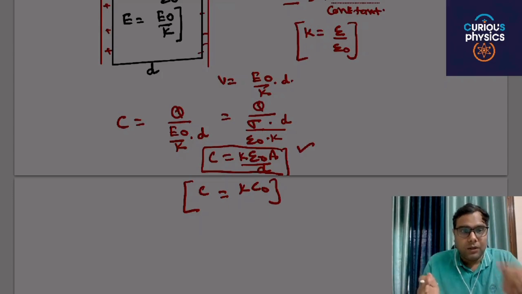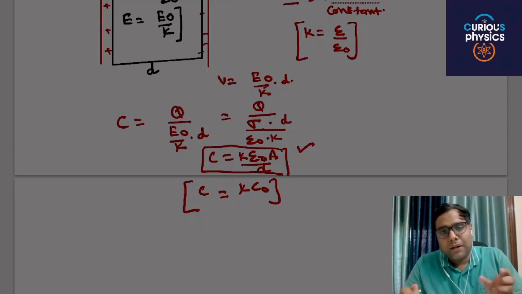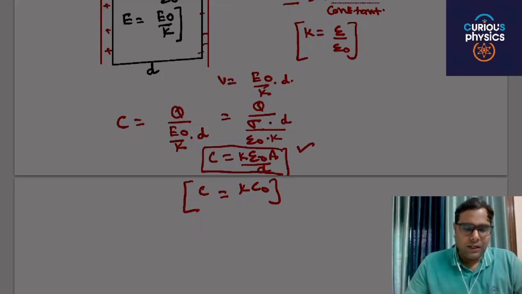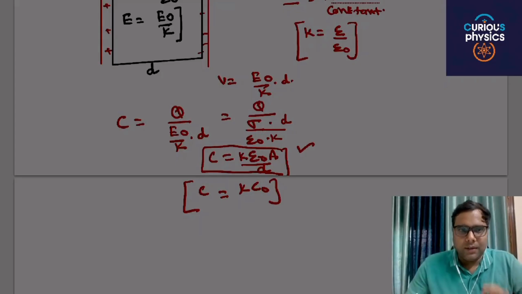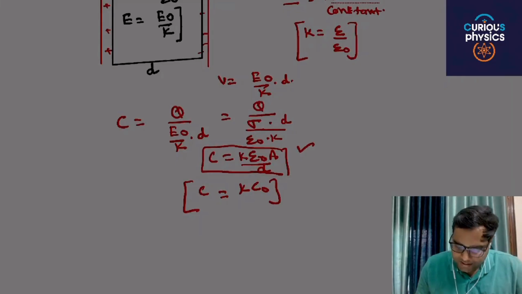But the basic concept is that the capacitance is increased by a factor K times C naught. I hope you are able to understand my point. Okay, the basic concept is this.